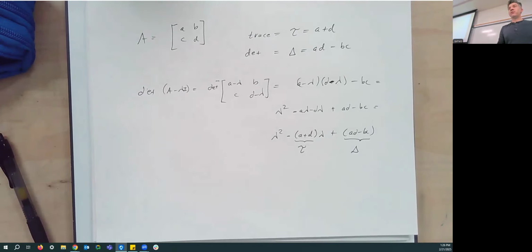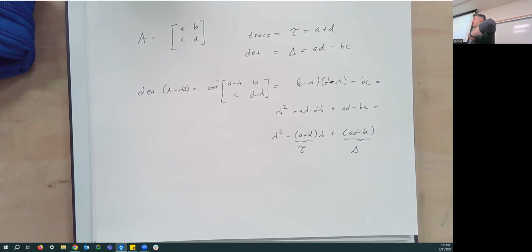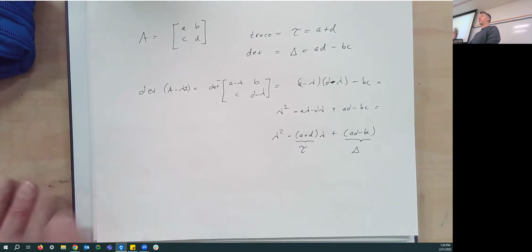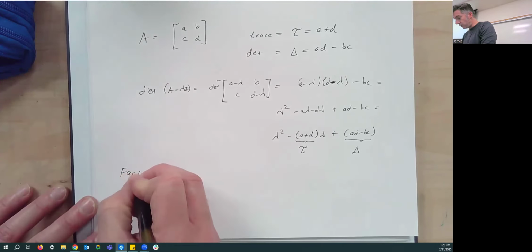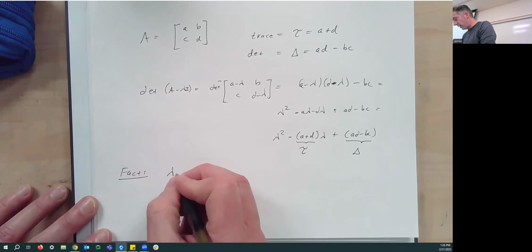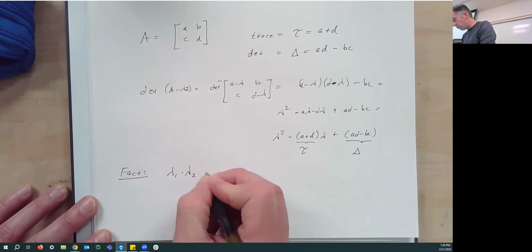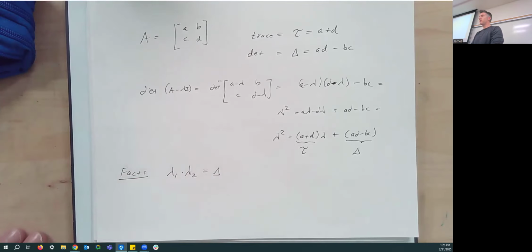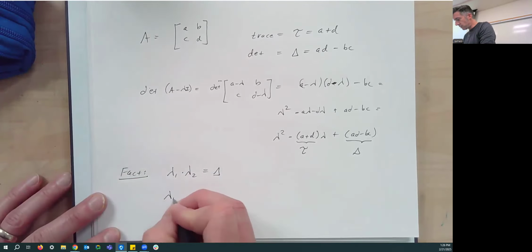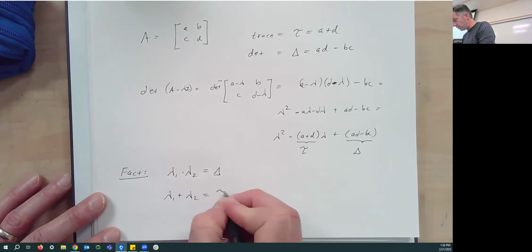Another fun fact: whatever your eigenvalues are, even whether they're imaginary or real, it is always true that your eigenvalues multiply to the determinant and add up to the trace.